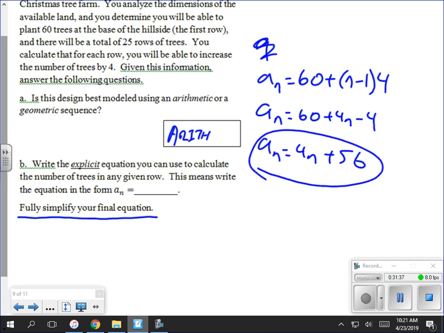So that's the answer to the second part. And to make sure I get to use it, because I'm going to have to change pages, a sub n is equal to 4n plus 56, right down over here to the side.